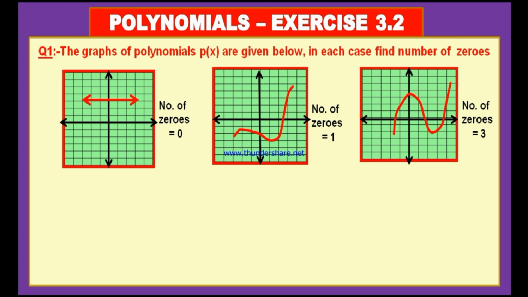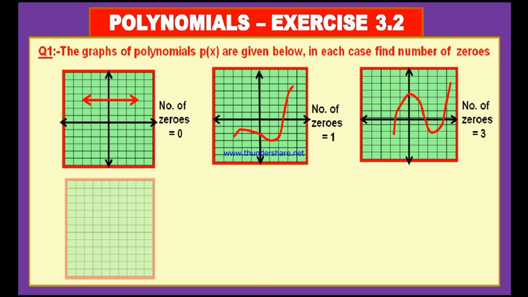Because we know that the zero of a polynomial is nothing but the value of the variable for which the total polynomial is 0. In order to get the zero, you have to find the value of the variable for which the total polynomial is 0.